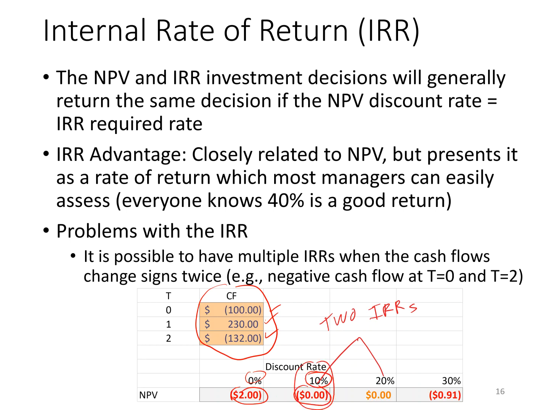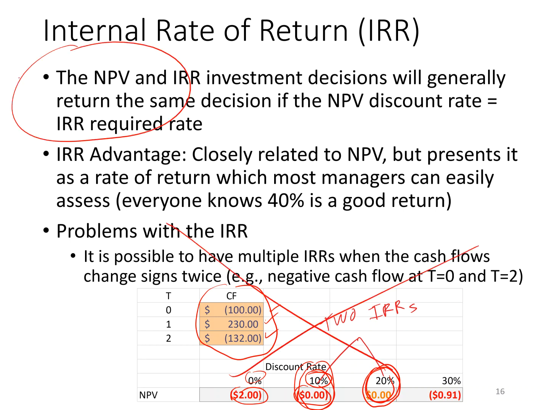Oh, that must be the IRR. However, at a 20% discount rate, the NPV is also equal to 0. So there's two solutions to this problem. The IRR is both 10% and 20%. Both numbers mathematically will set the NPV equal to 0. So in that case, whenever you change signs more than once, you cannot use IRR, default to NPV.